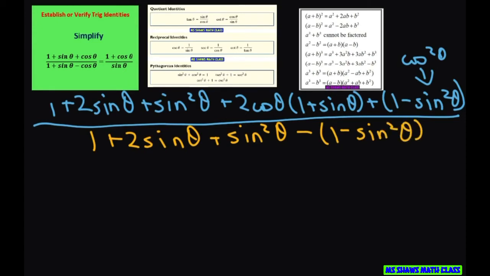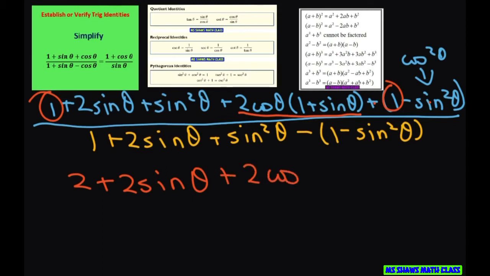All right. So simplifying the numerator, what we're going to get is we have 2 1s. So we get 2 plus 2 sine of theta. And then we have this here. So this is plus a negative. So basically what you're going to get is 2 cosine of theta times 1 plus sine of theta.